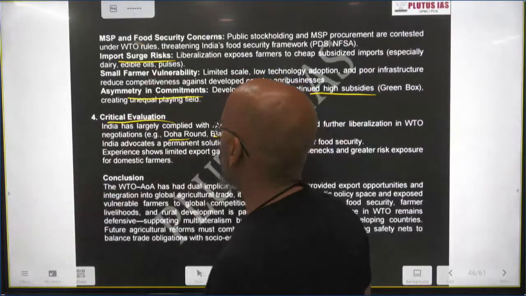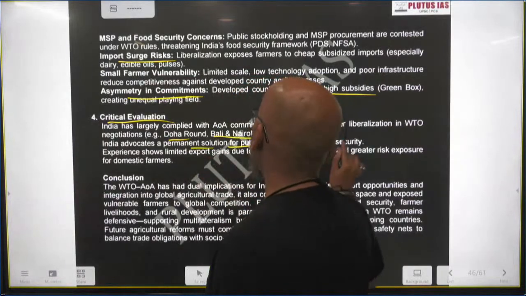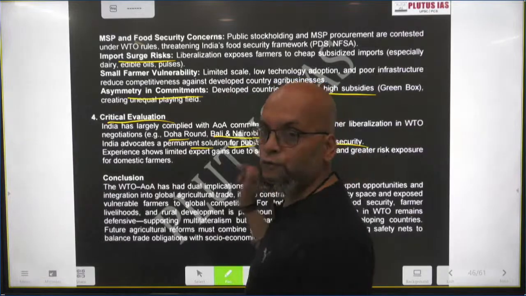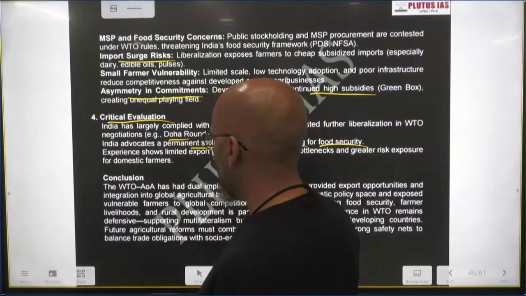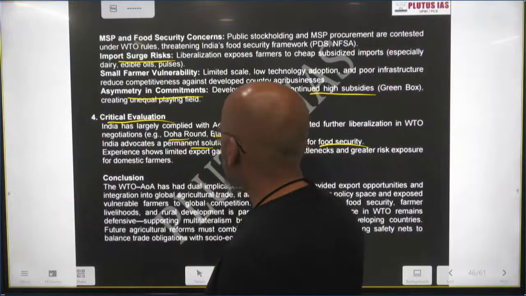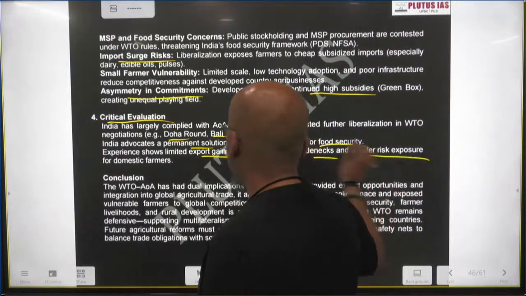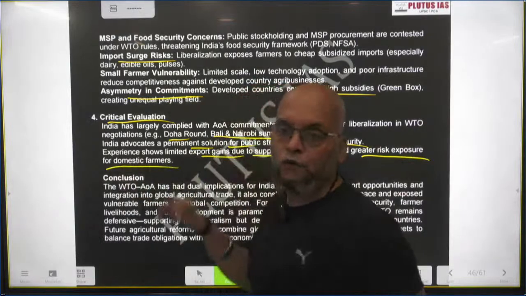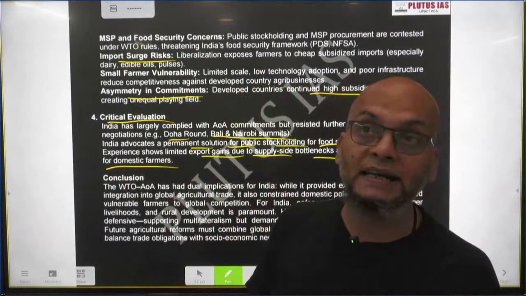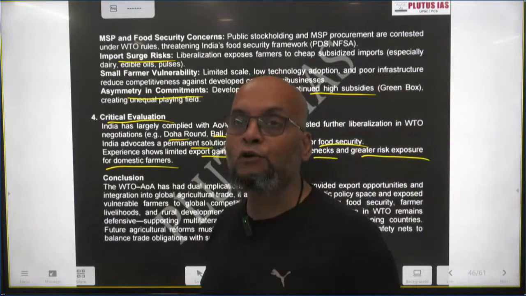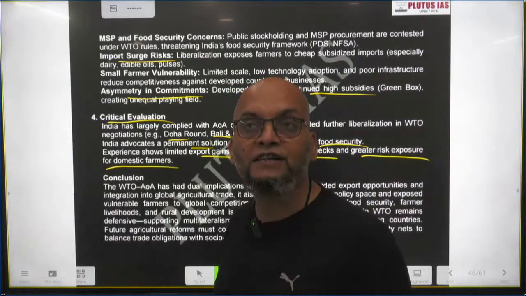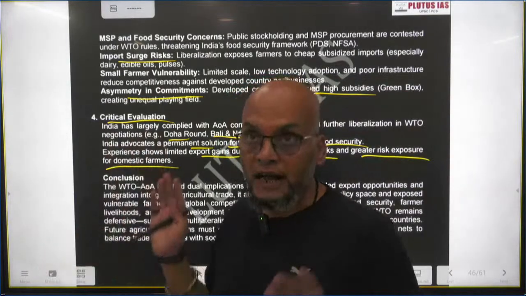India advocates a permanent solution for public stock holding for food security. Experience shows limited export gains due to supply side bottleneck and greater risk exposure for domestic farmers. So we are gaining less, we are losing more because we do not have that much infrastructure to export agri produce.